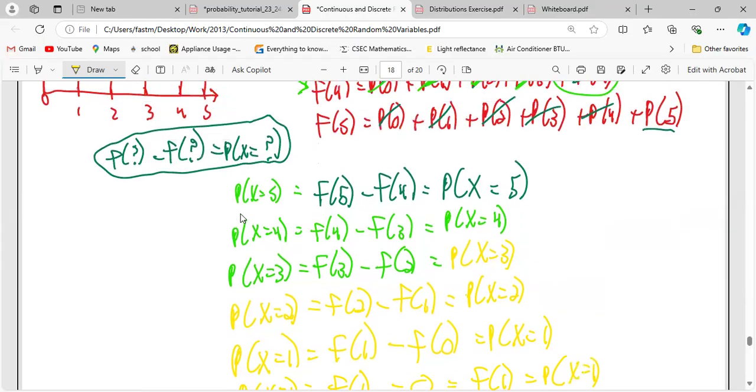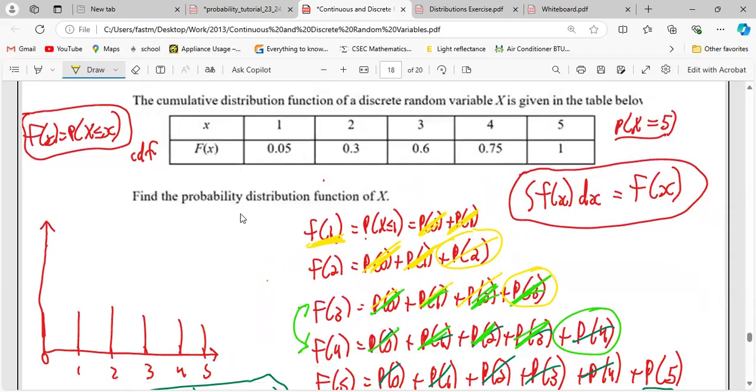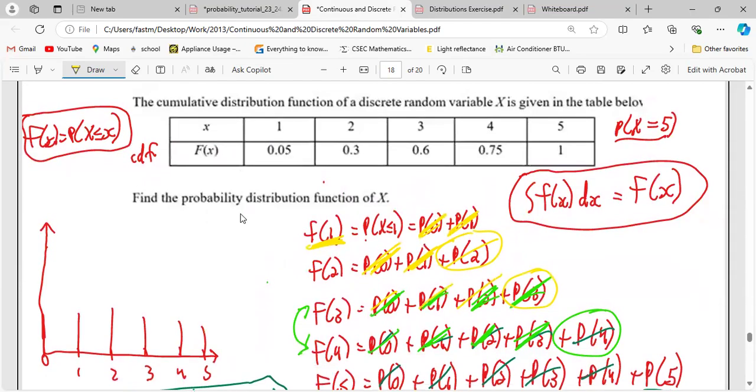So if you wanted to sketch it so that we actually get the values, for the first one, I want to get 5. So it's f of 5 subtract f of 4, which is 0.25.